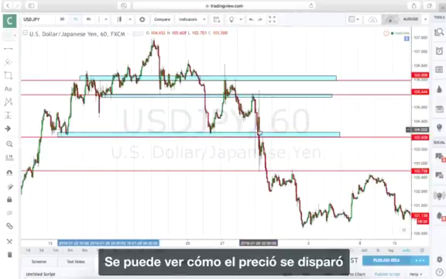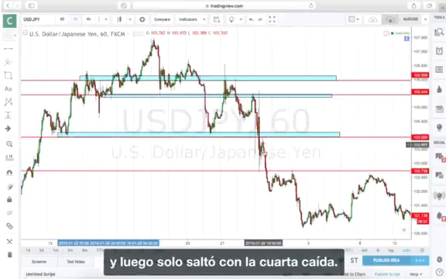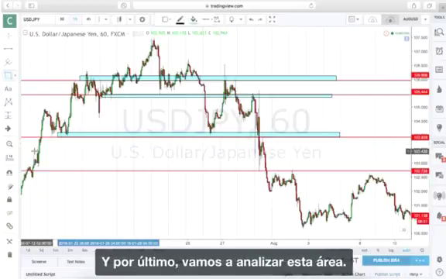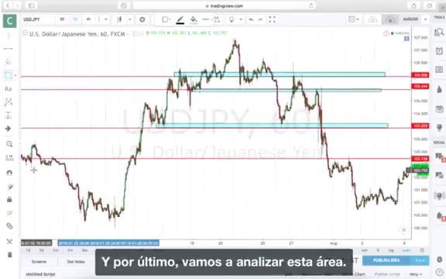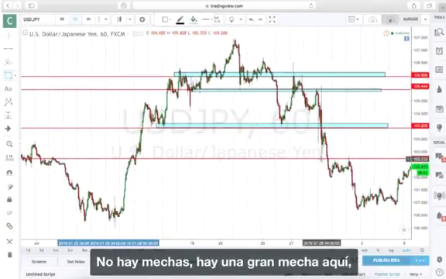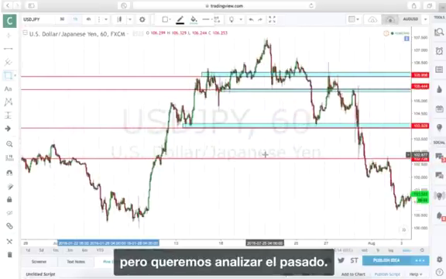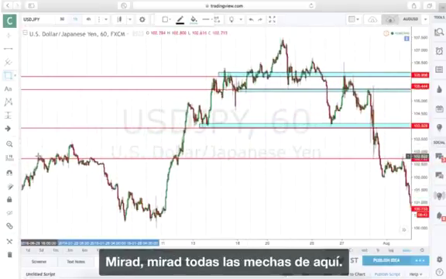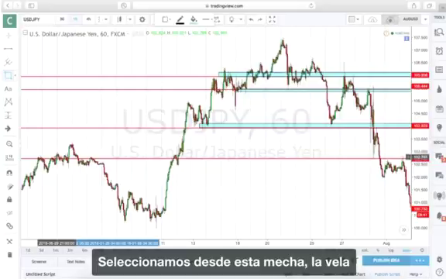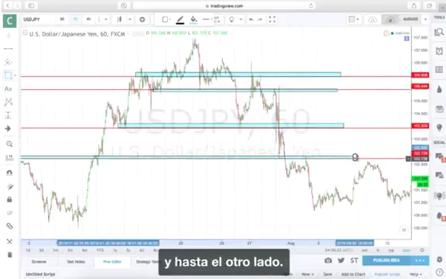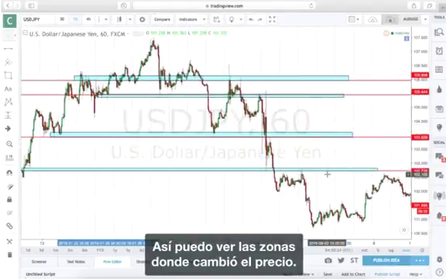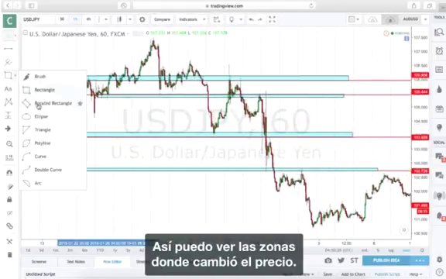Here we see how price broke it, pretty much just tapped off of it before it dropped. And last but not least, look within this area. If you don't see wicks, you see a big wick here, but you want to look in the path. Look at all the wicks over here. You drop from this wick to the body of that candle and shoot this all the way across, and I'm able to see areas where price reversed.